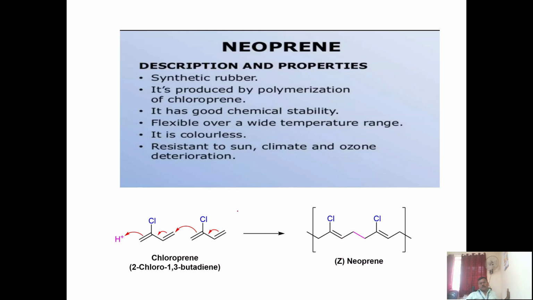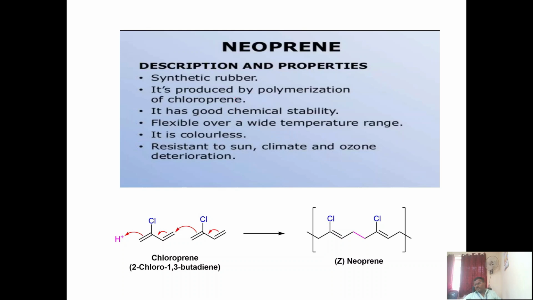That means the double bond will migrate to the next position. The double bond will migrate here, and here. So you get a single bond there. Once this bond migrates and this bond moves here, then this bond will get converted into a double bond. This is chloroprene, this is neoprene.